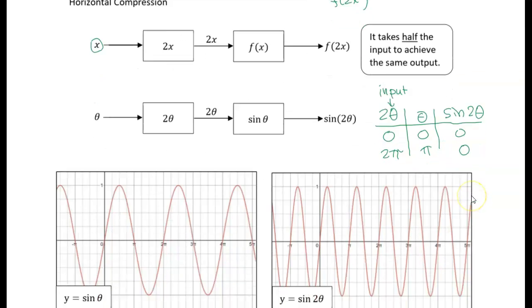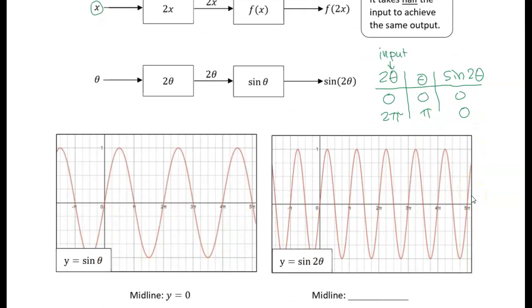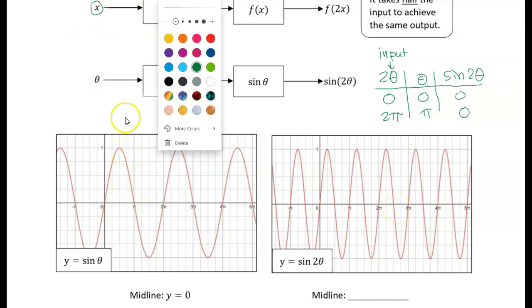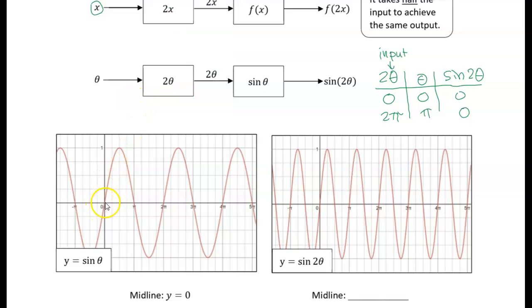So here I've graphed both of these functions, the sine of theta and the sine of 2 theta. Okay, and you can see, where the original function, one cycle went from 0 to 2 pi, so there's one cycle.